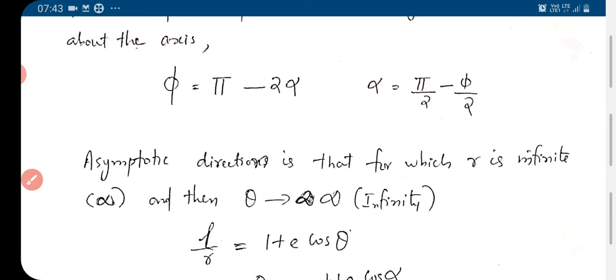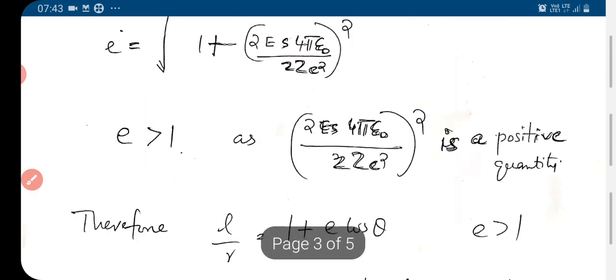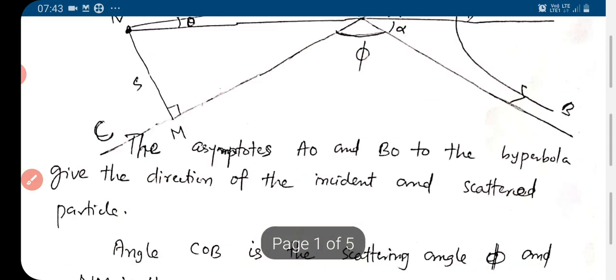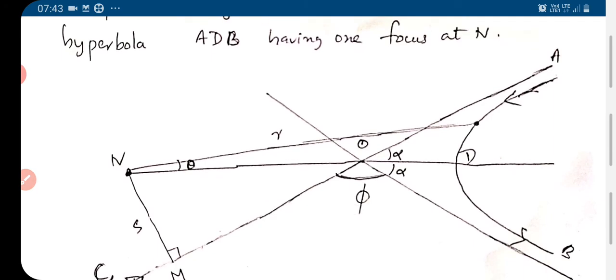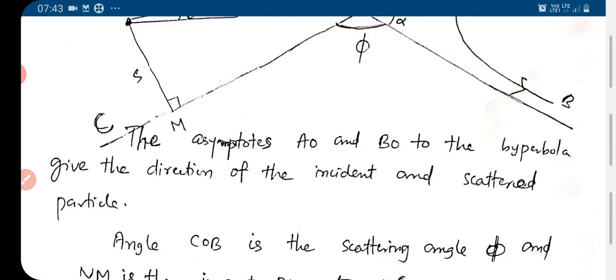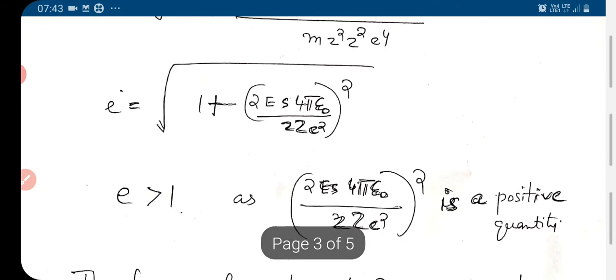Now, the asymptotic direction is such that r is infinite, in the asymptotic position. A and B are the asymptotes, coming from infinity.